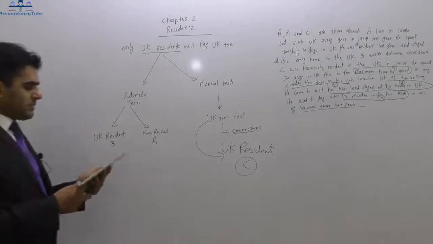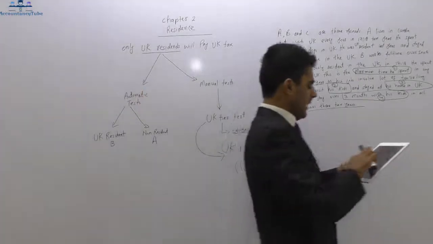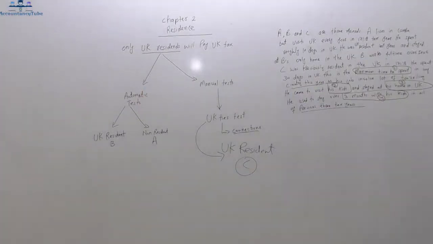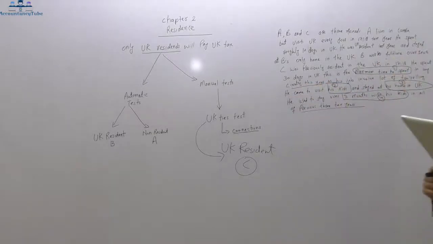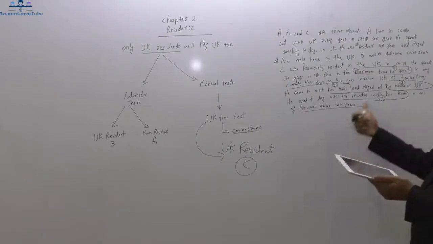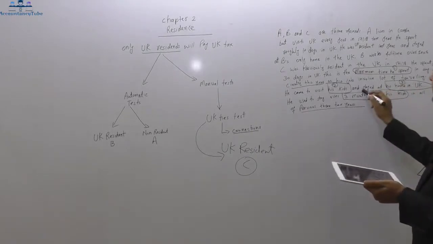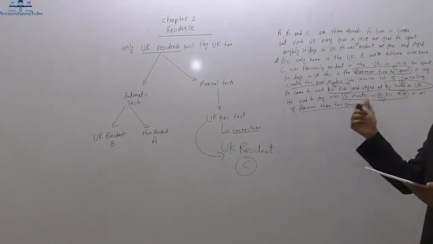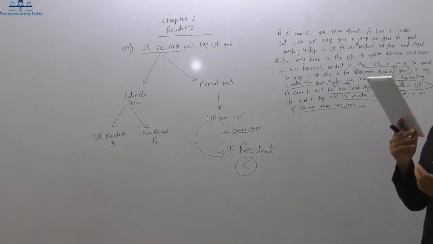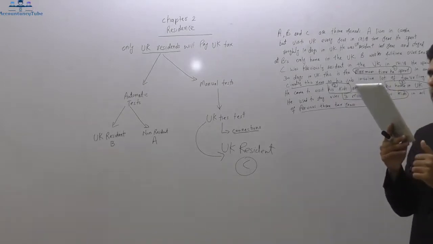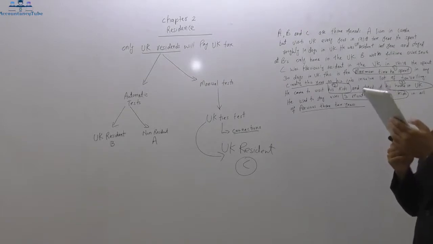Alright, now let's look at the ties again on the notes and see if we did it correctly or not. Having a close family member in the UK, yes, he has got a close family member because he has got a kid. Then having a house in the UK which is made use of. He has the house in the UK and he stayed in the house, so he used that house. That is another tie. Doing substantial work in the UK, he hasn't done so. Being in the UK for more than 90 days in either of the previous 2 tax years.